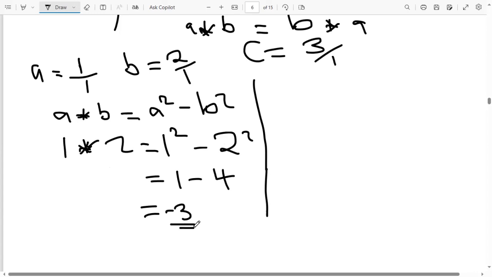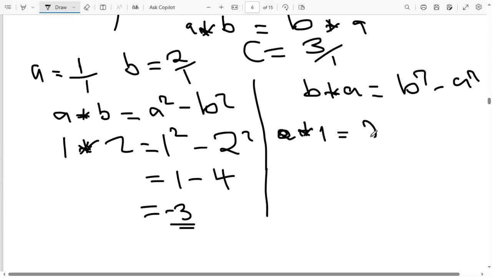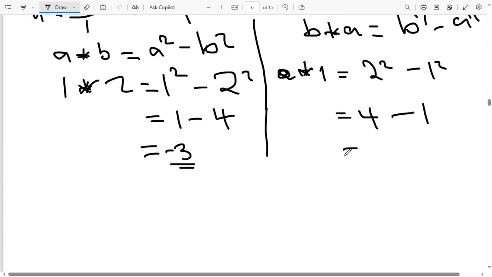So are we also getting minus 3 if we do B star A? B star A will be B squared minus A squared. So this will be 2 squared minus 1 squared, which is 4 minus 1, and that gives us 3.